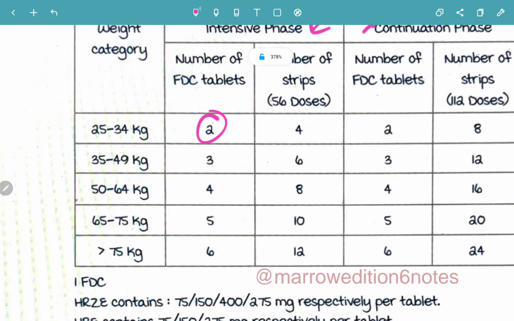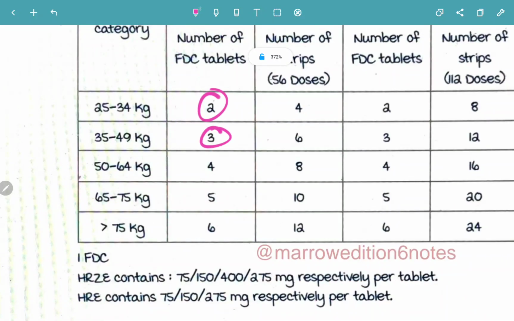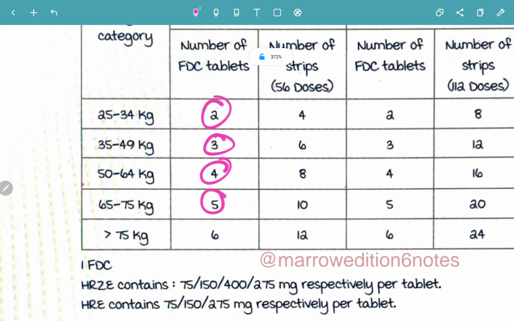35 to 49 is going to be 3 tablets, 50 to 64 is going to be 4 tablets, 65 to 75 is 5 tablets, more than 75 kg is 6 tablets.